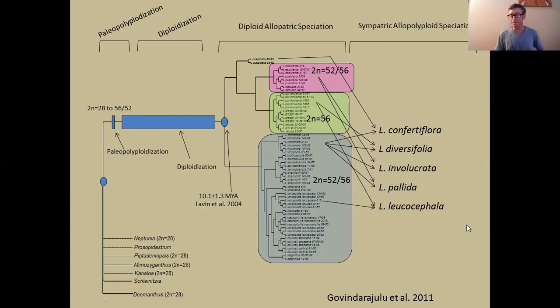And we hypothesized that many, if not all of these, were the result of human translocation of seeds into backyard gardens where these hybridization events occurred.